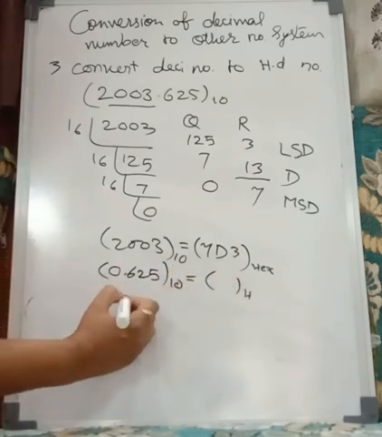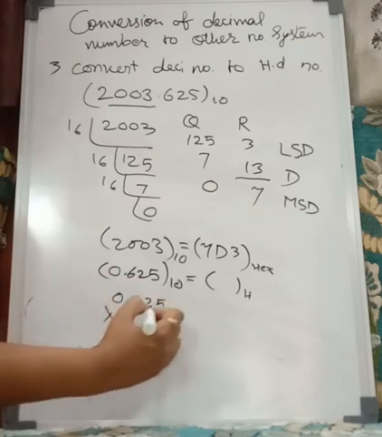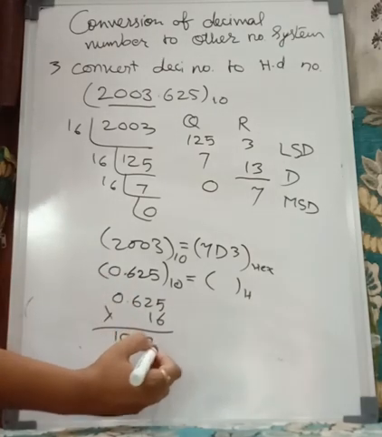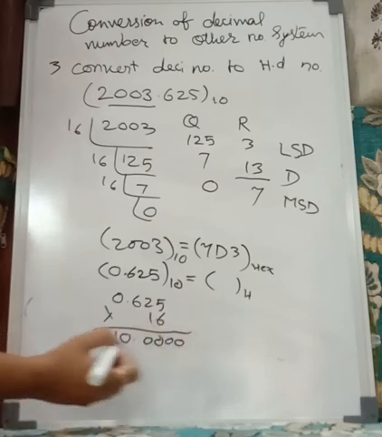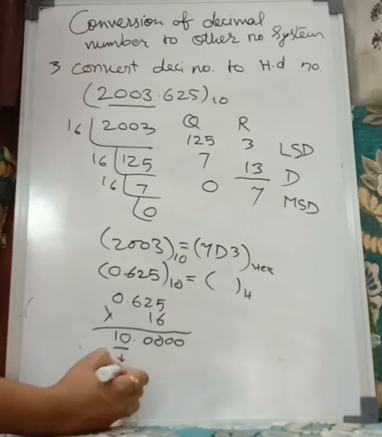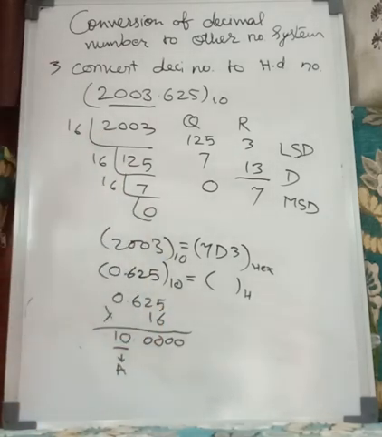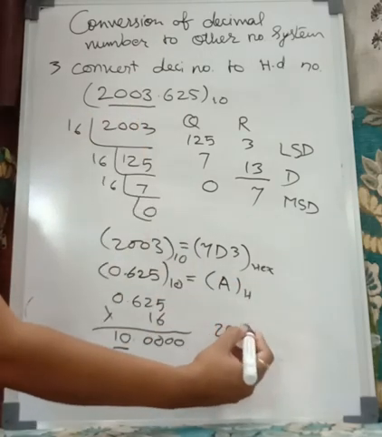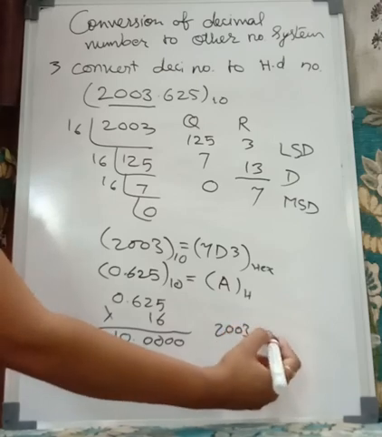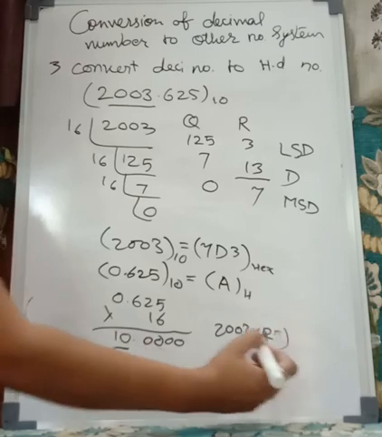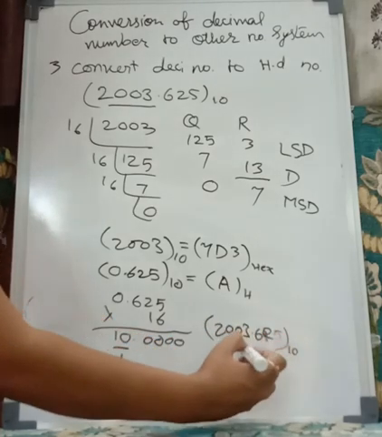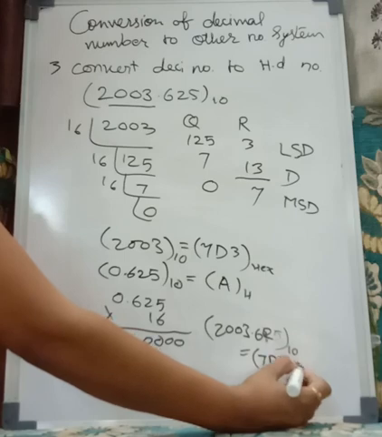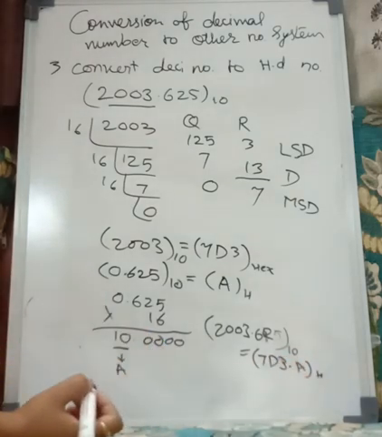So simply I am going to multiply this number by 16, and when I solve this, I will get 10.0000, and this 10 will be represented by A. So the whole number, that is 2003.625 decimal, can be written as 7D3.A, and here it is a hexadecimal number.